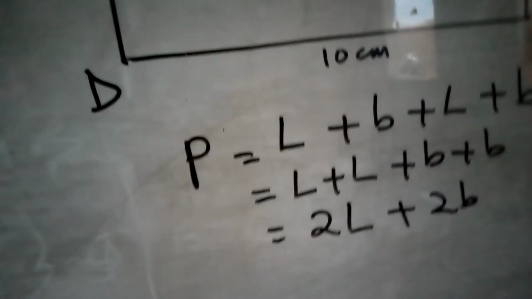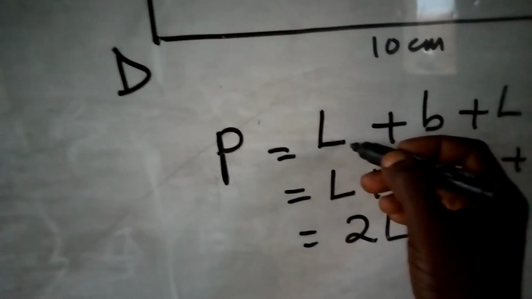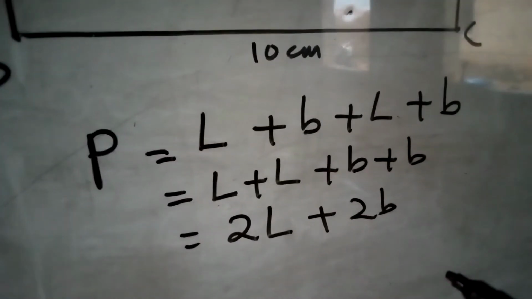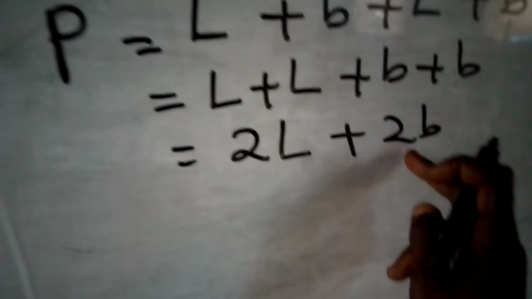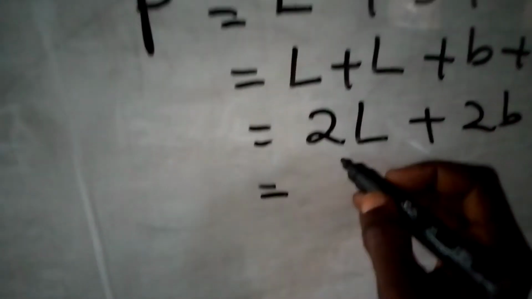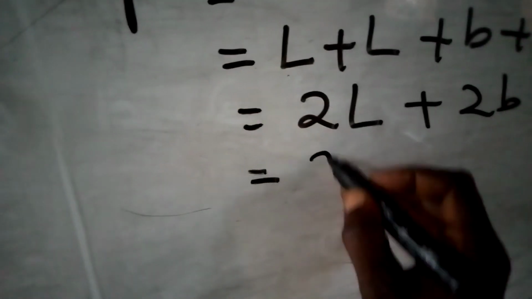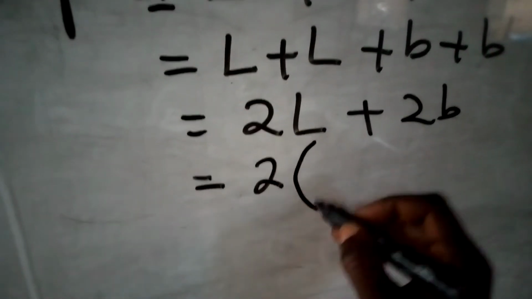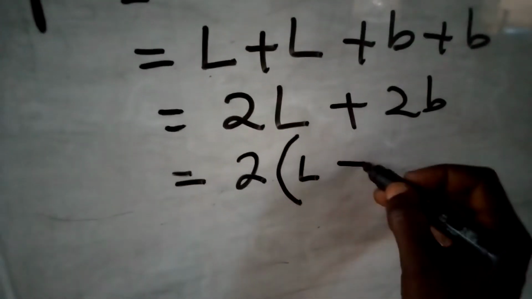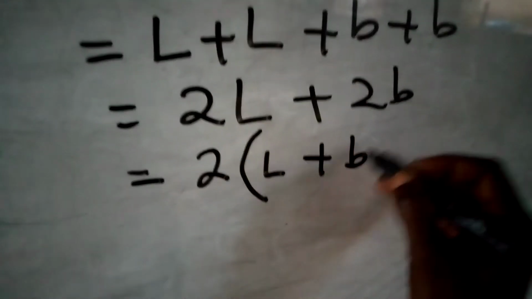Note that my length is represented with letter L and my breadth is represented with letter B. So by collecting the like terms here, that means my perimeter is 2, and 2 is common. Open your bracket, write your L plus breadth.